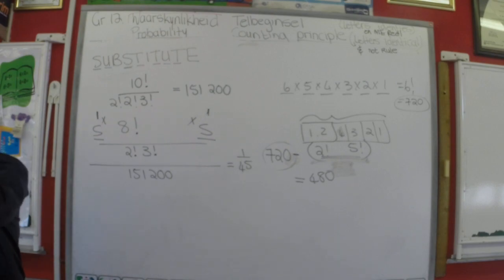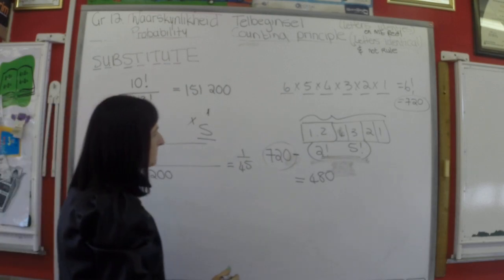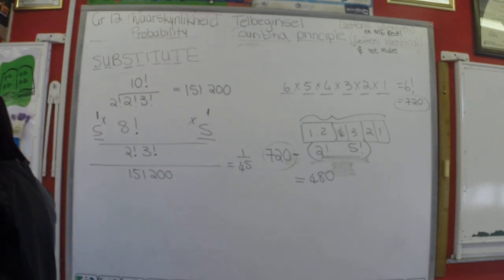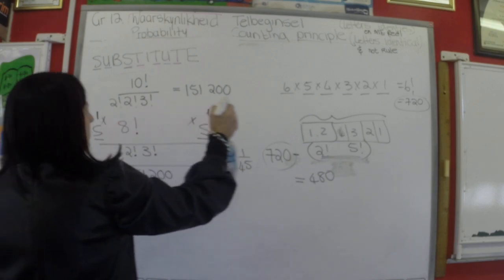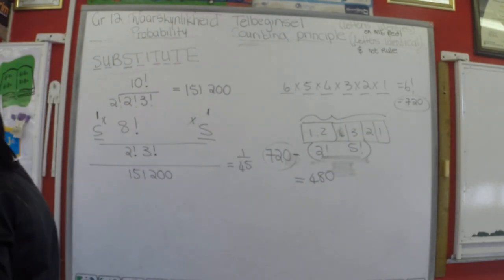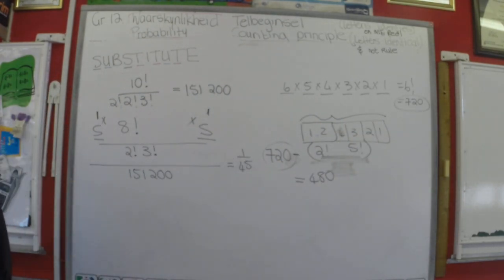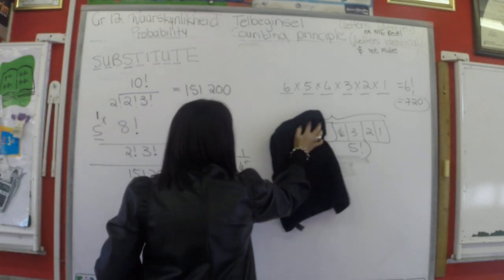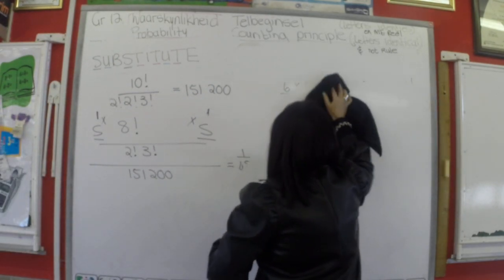Gebruik die syfers 1 tot 9. Hoeveel 5-syfer getalle kan gevorm word as die getal ten minste 1 6 moet bevat? Okay, let's draw the scenario. We've got the numbers 1 up to 9. So in total, that's 9 numbers, 1 up to 9.